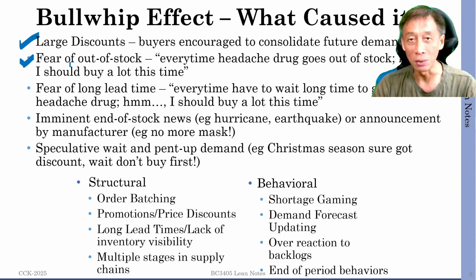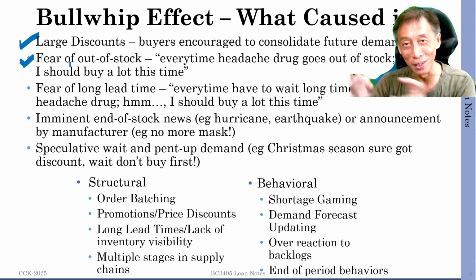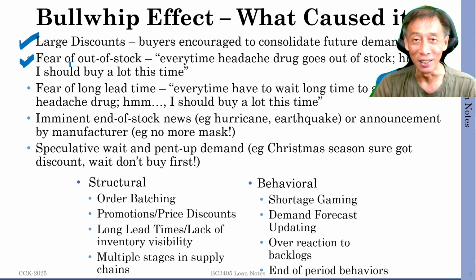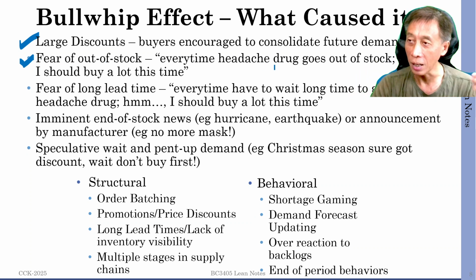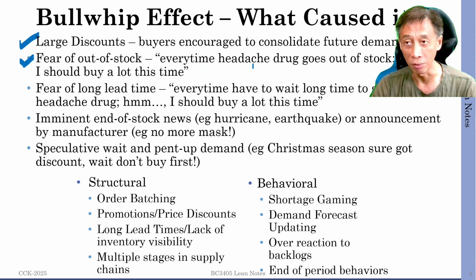So whenever there's a rumor spreading around, and nowadays it spreads even faster and quicker and more accurately via social media and everything else, then you get this synchronized generation of demand. Yeah, every time the headache drug goes out of stock, so what should I do? The next time I see it on the shelf, I buy everything, right? So there's a fear of out of stock.